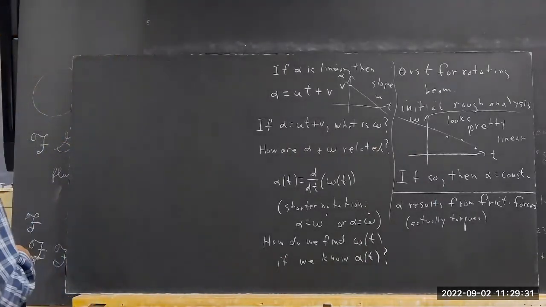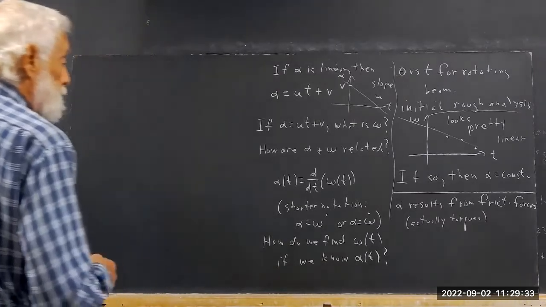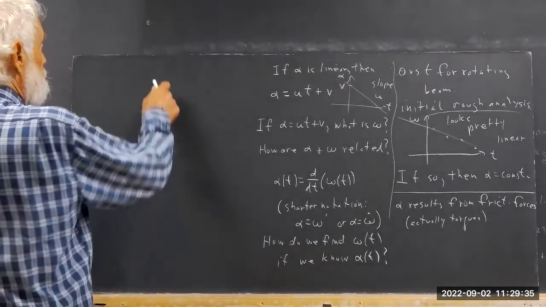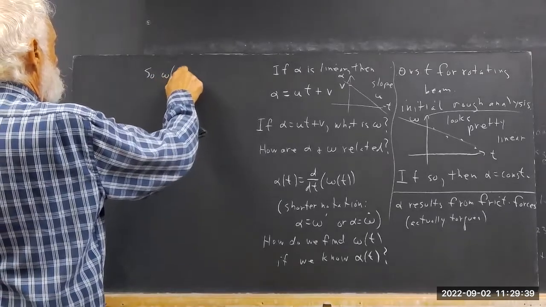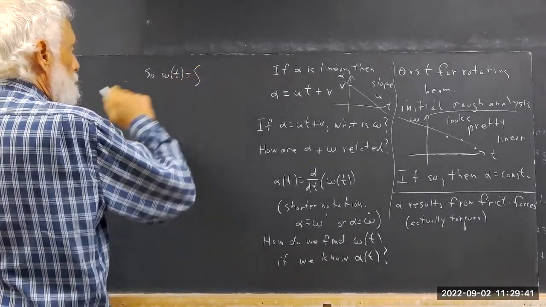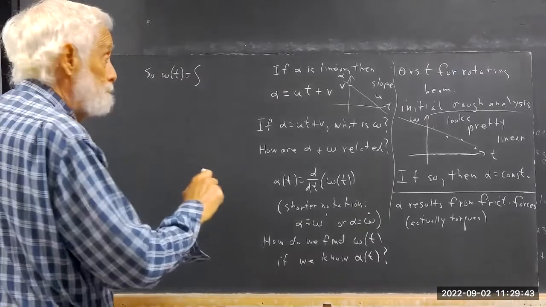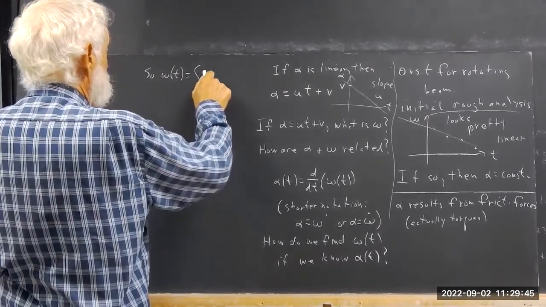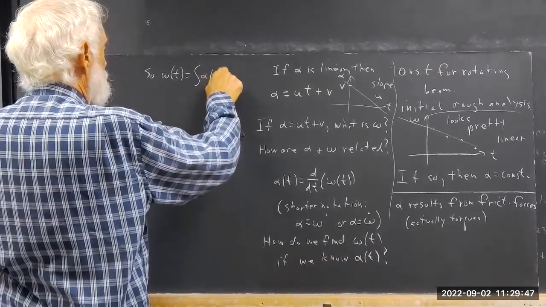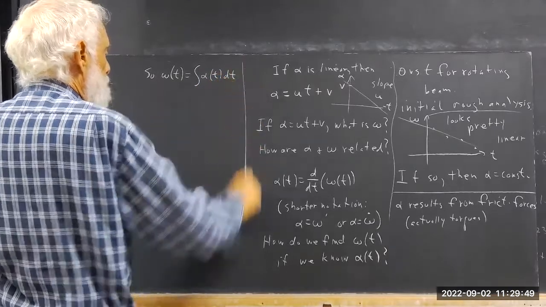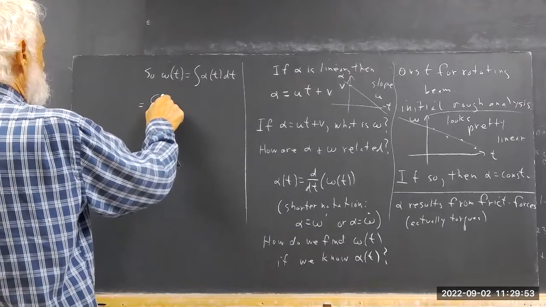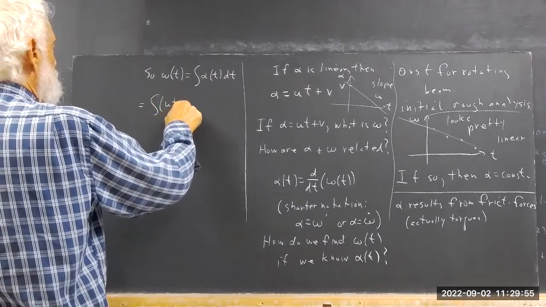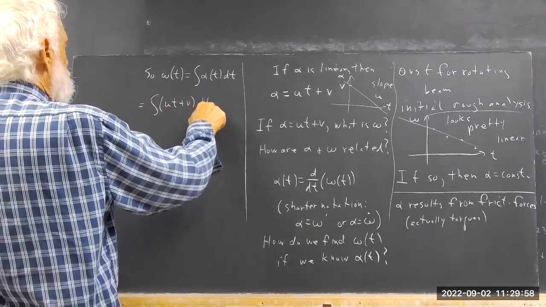Okay, so it's the indefinite integral of alpha of t, which is the indefinite integral of ut plus v with respect to t.